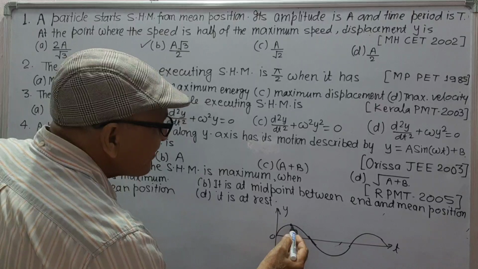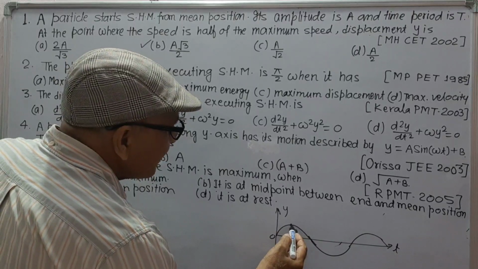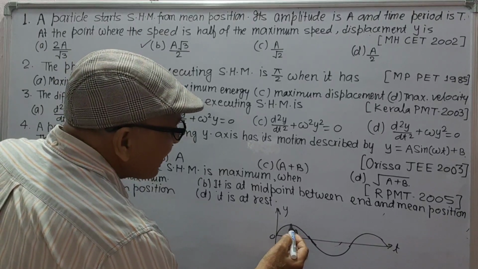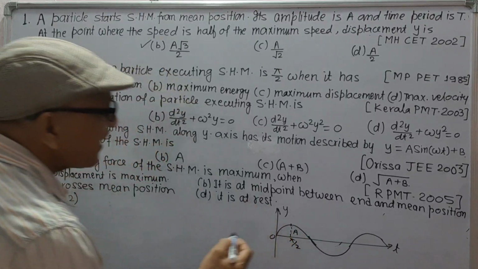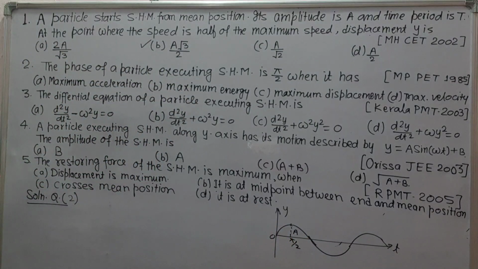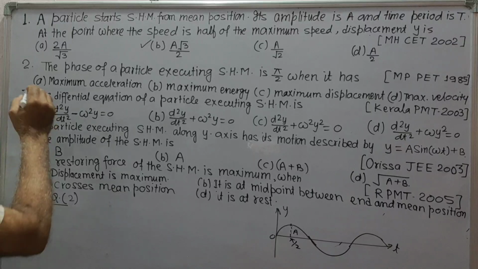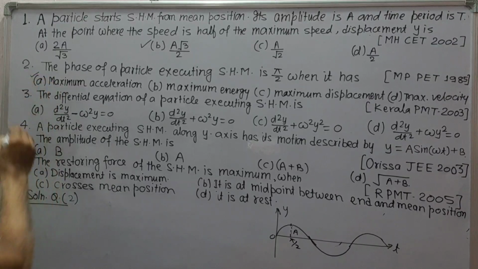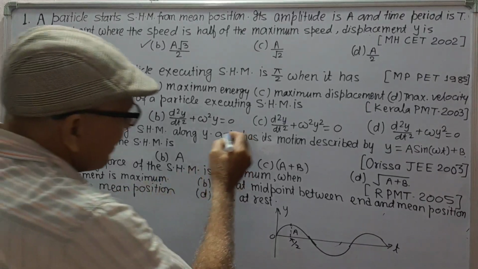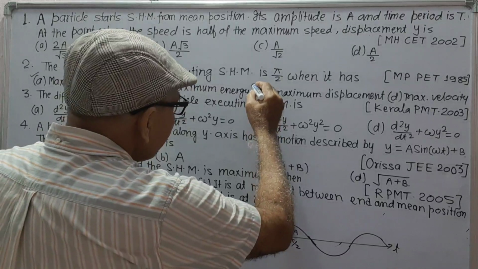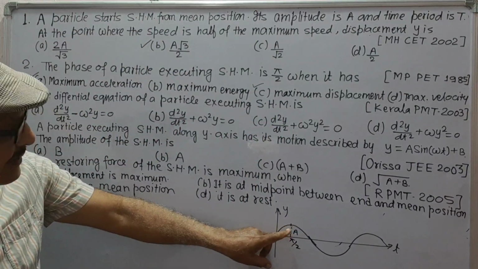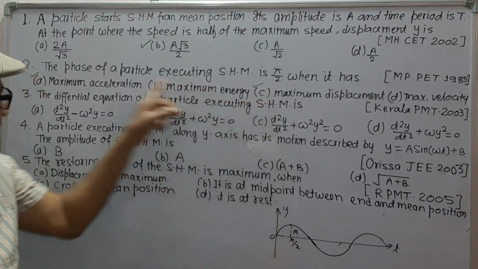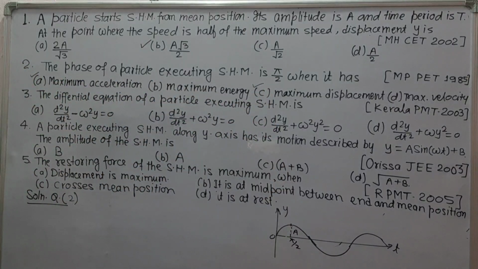When the phase angle is pi by 2, then it corresponds to the end point where y is maximum as well as acceleration is maximum. Therefore, the options A and C are correct, where displacement is maximum and acceleration is maximum.